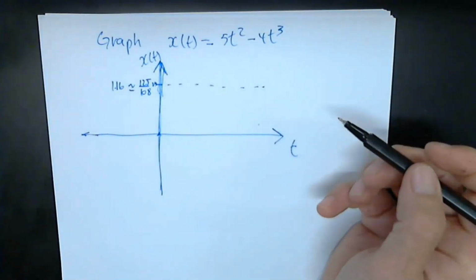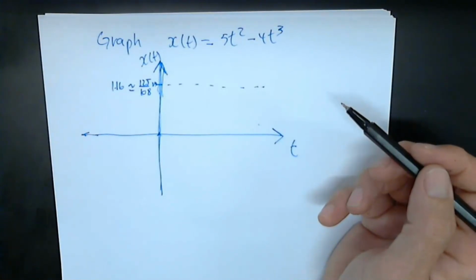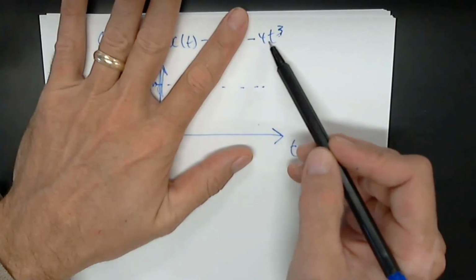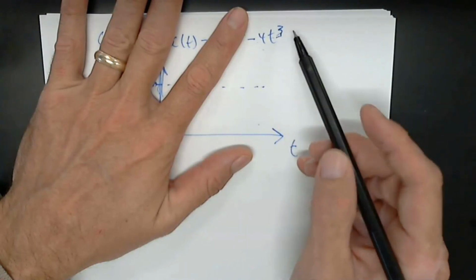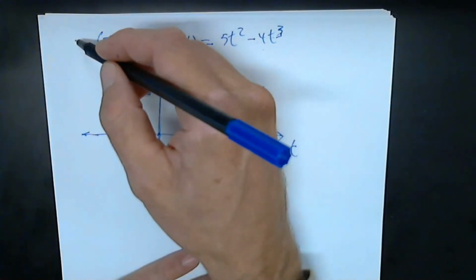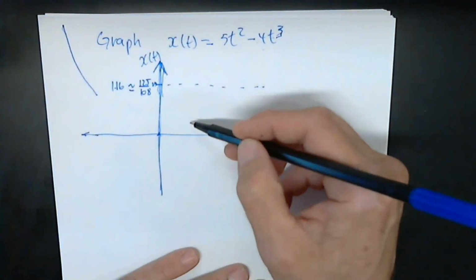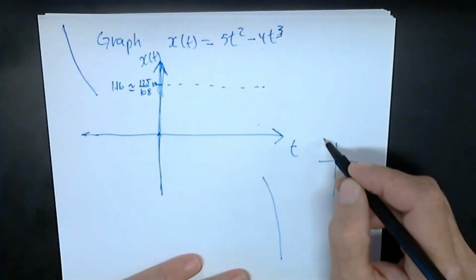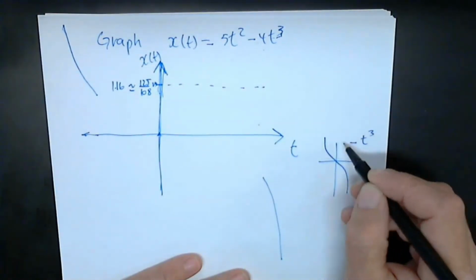So, but we know that this 5t squared is what we're going to graph, and this is the term that makes sense when time is big or when time is very small. So you know the function is coming from here, then something happened here, and then here, because this is minus 4t cubed.